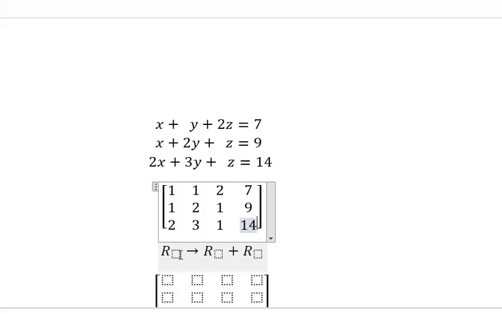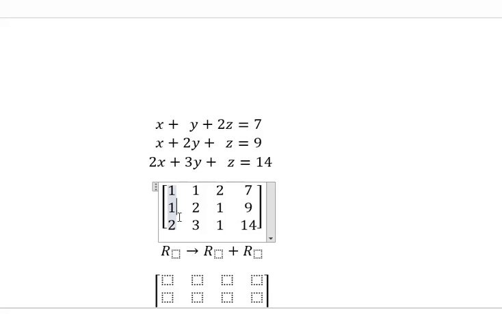Now, when we look at these, we know that we're trying to get the ones going on the diagonal from the top left, so 1 there, and 1 there, and then zeros in these other parts. Then our column on the right hand side will end up being numbers when we've done that, and that will give us our solutions for x, y, and z.